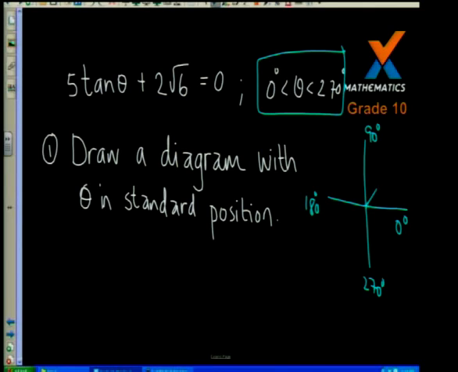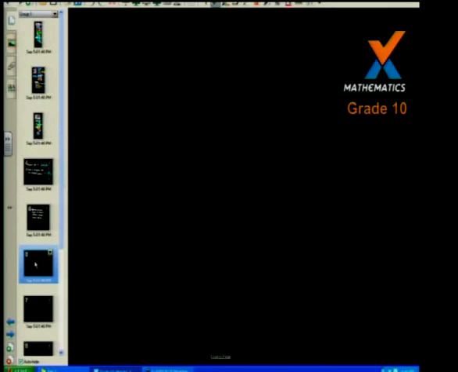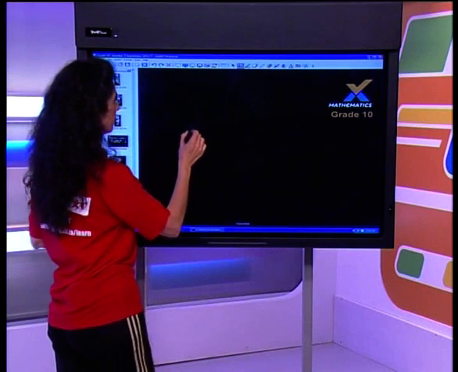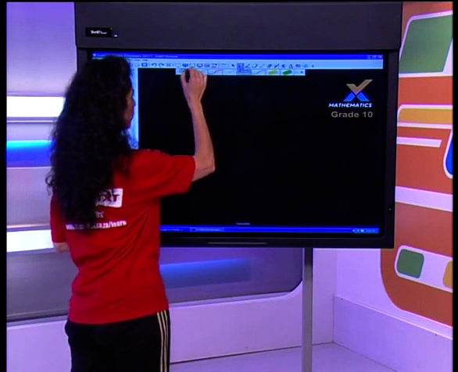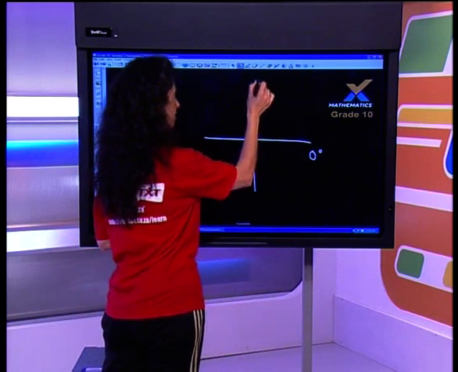And then this theta that we are measuring here is said to be in standard position if... I'm actually going to find another page here and do that. Okay, let's do a little bit of theory on the side here and we'll come back to the question. So measure anti-clockwise.